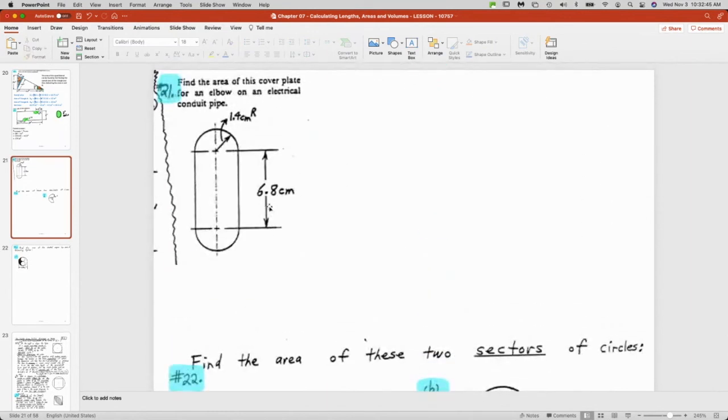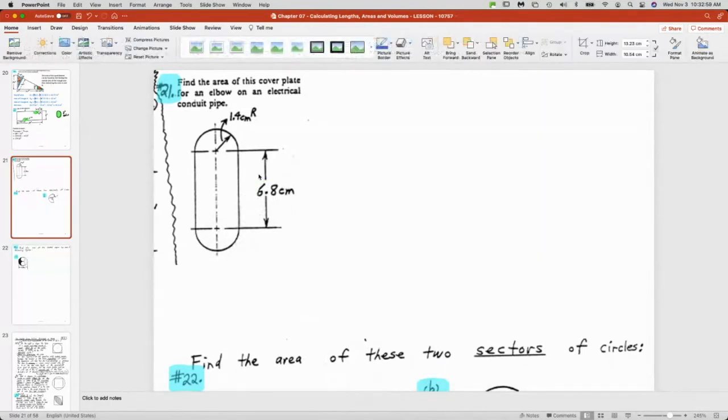All right, here is another situation where you can combine the two circles. So that's what I'm going to do here as well. Just going to zoom in on that figure for you.